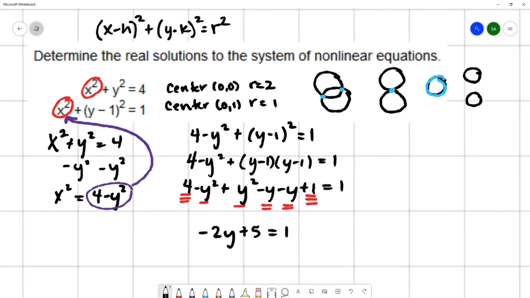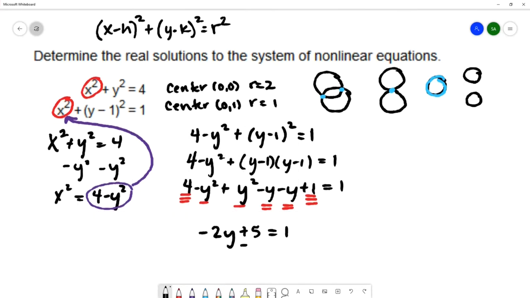So I'll solve this by isolating the y. I'm going to subtract 5 on both sides. That's negative 2y equals negative 4. I'll divide both sides by negative 2, and that gives y equals 2. So this only gives me the y-coordinate, and I want to find the x-coordinate as well. Solutions to systems will be ordered pairs.